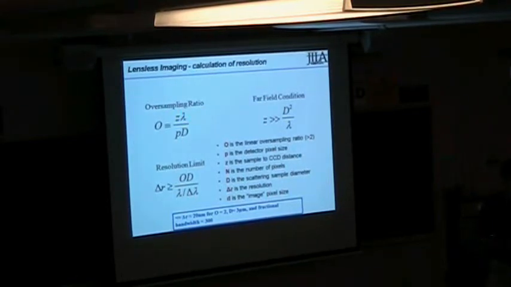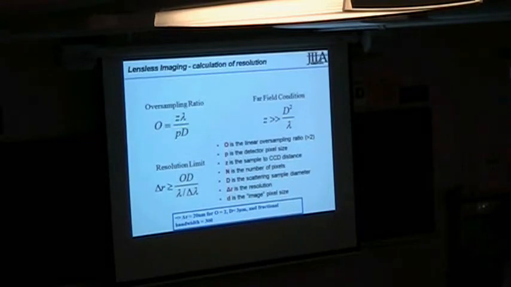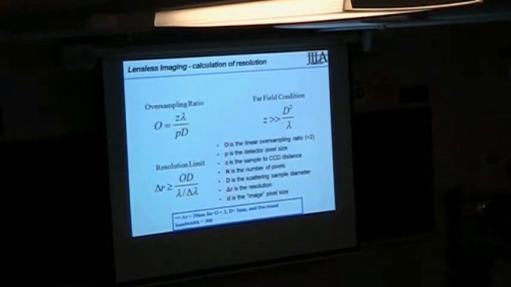For shorter and shorter wavelengths, we need to go further and further away because light diffracts less and less as you go to shorter wavelengths. But if you have really small pixels on your detector, then you don't have to go quite as far away because you can resolve those fringes. And then D is the overall size of the sample, and that sets what angle the rays will diffract from the sample at.